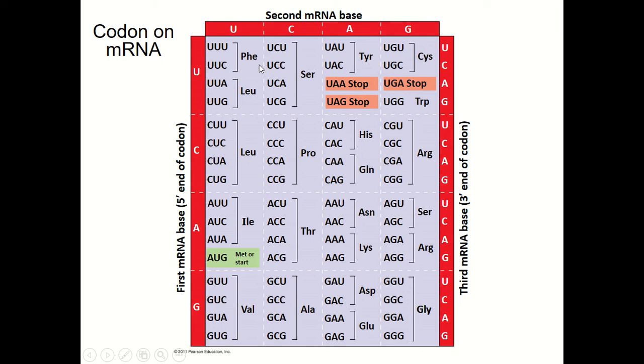We have phenylalanine, leucine, isoleucine, and then valine, alanine, threonine, proline, serine, tyrosine. We have histidine over here, glutamate, asparagine, lysine, aspartic acid, glutamine, and so on.